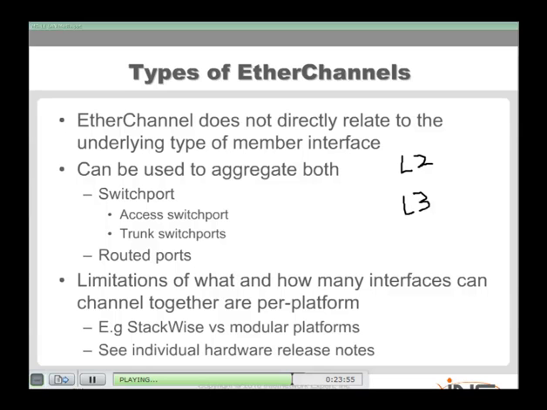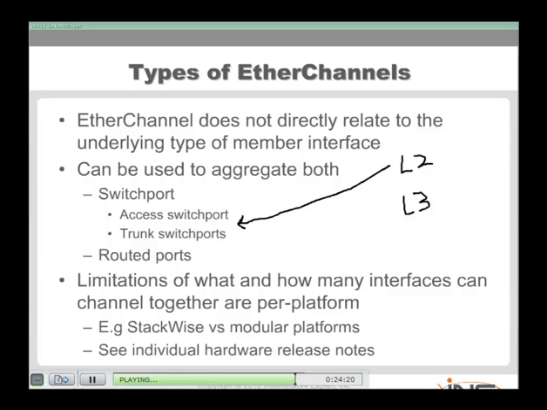And by the way, we have multiple options for our layer 2 EtherChannels. We could have access ports, layer 2 bundled together, or we could have trunk ports, our inter-switch link trunk ports, or 802.1Q trunk ports. We could have those bundled together to form this EtherChannel.